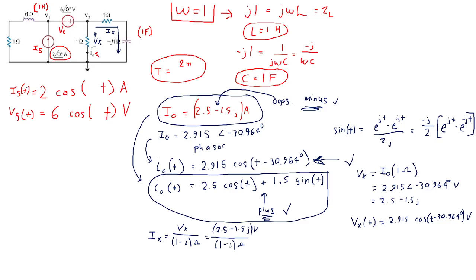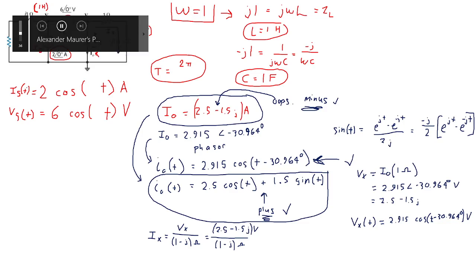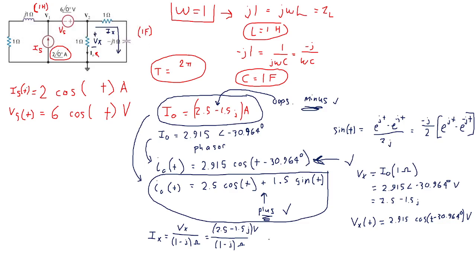I'm going to pause for a second and just calculate that with the calculator. Plus 0.5 J. Amperes. So the result can also be written in magnitude phase form.